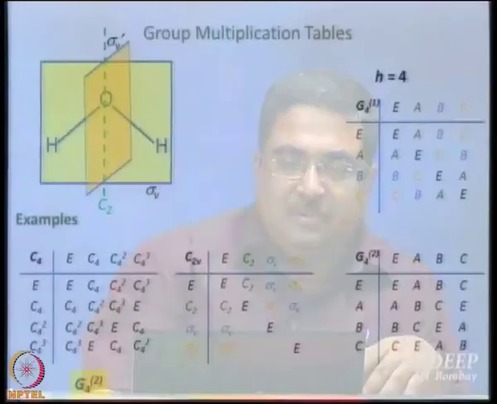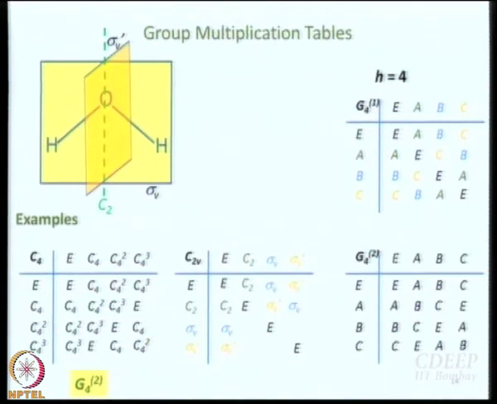Sigma V dashed C2 is sigma V similarly, and then you can fill them in. Alright. And now you match the colors. Have you not reproduced the character table of G41?